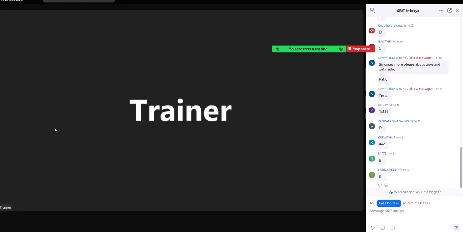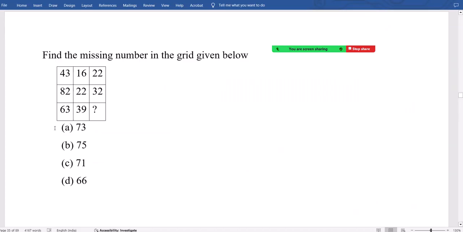Logic also I have to know. First of all, the option, then we'll look into the logic.